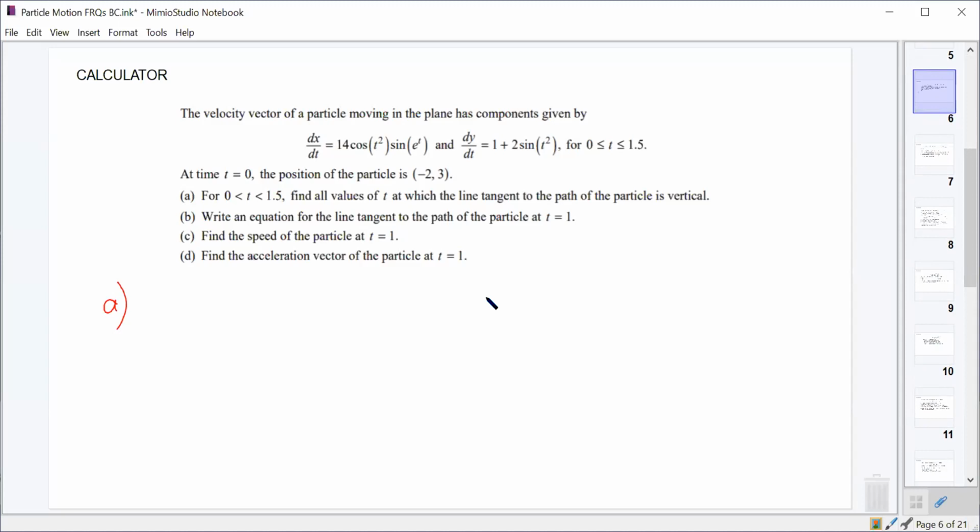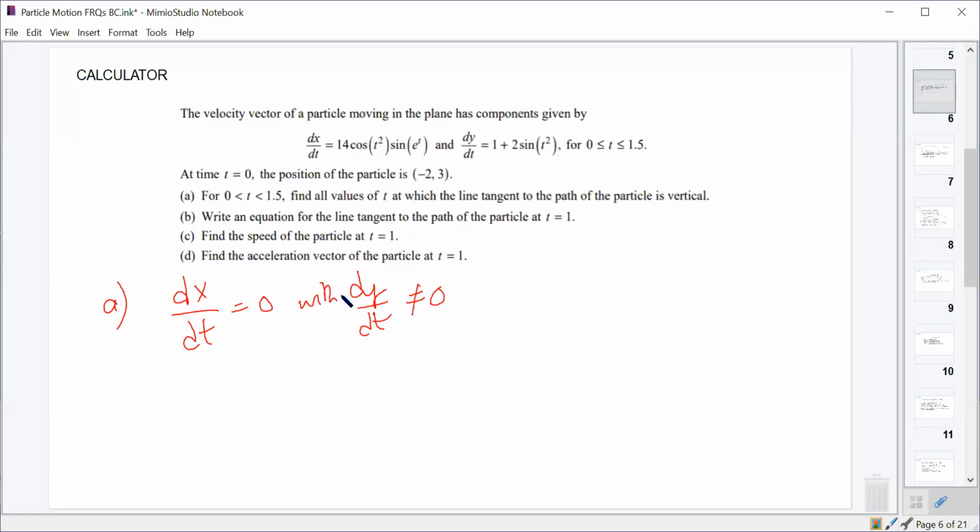All right, from 0 to 1.5, find all values of t at which the line tangent to the path of the particle is vertical. So if it's going to be vertical, that means that dy/dx needs to be undefined, which means that dx/dt needs to equal 0 with dy/dt not equaling 0, right?